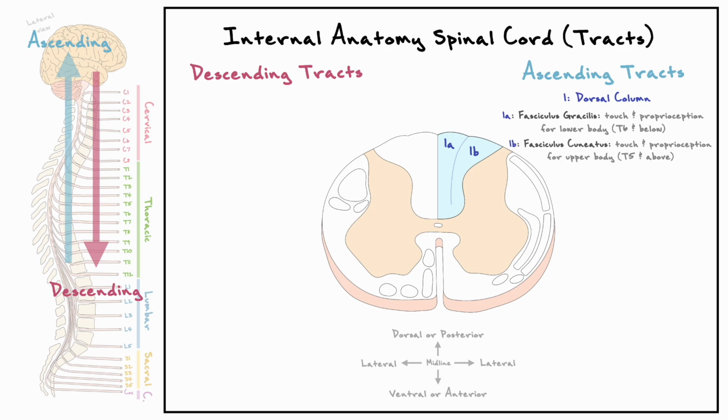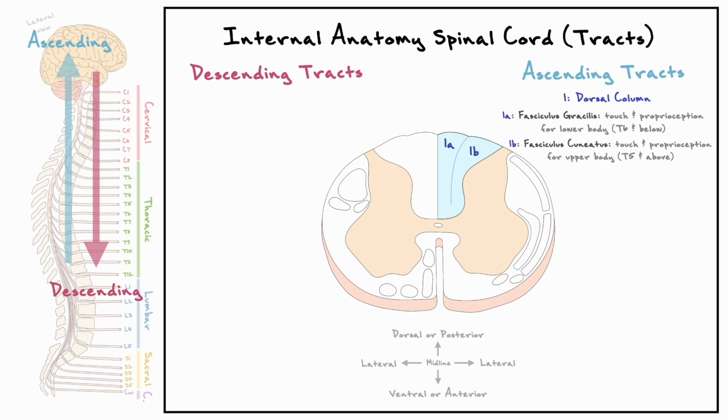For the segments T5 and above, that sensory information is conveyed by the fasciculus cuneatus, which is responsible for upper extremities. You will notice that the fasciculus cuneatus is more lateral than the fasciculus gracilis, and that makes sense because the information about the upper regions is added onto the existing tract for lower limbs.